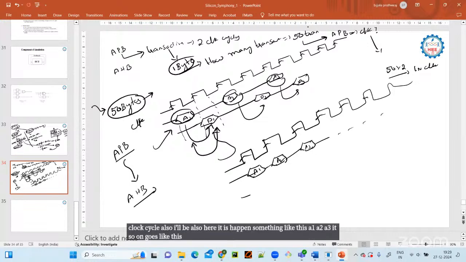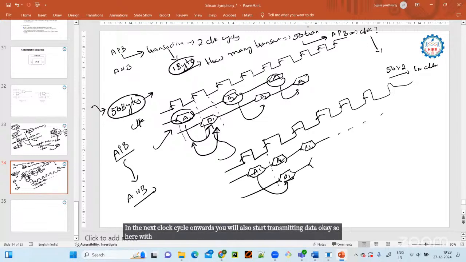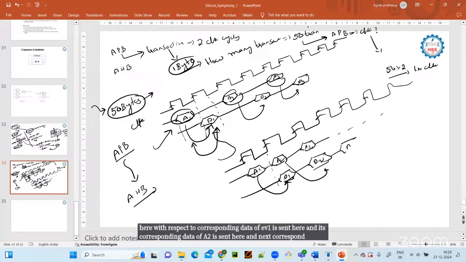Here, from the next clock cycle onwards, you will also start transmitting data. The corresponding data of A1 is sent here, the corresponding data of A2 is sent here, and the corresponding data of A3 is sent here. So what is happening here?